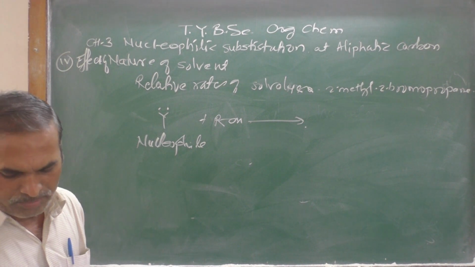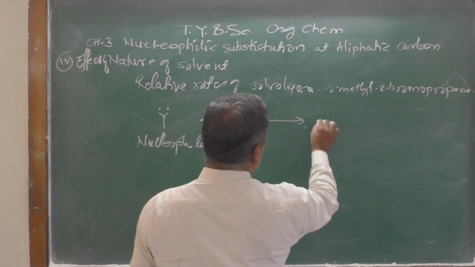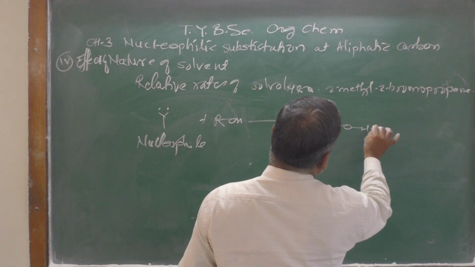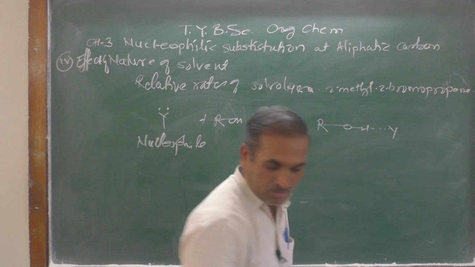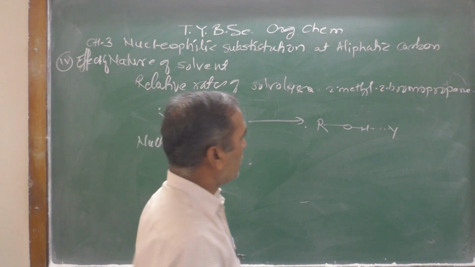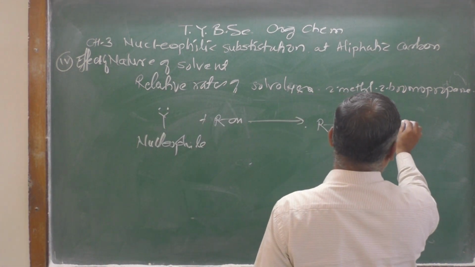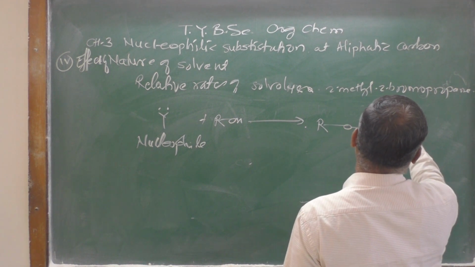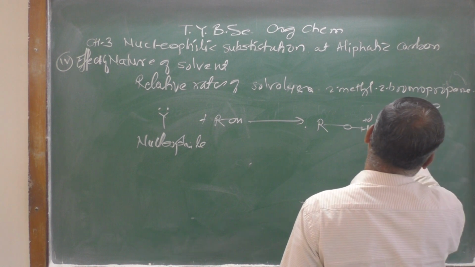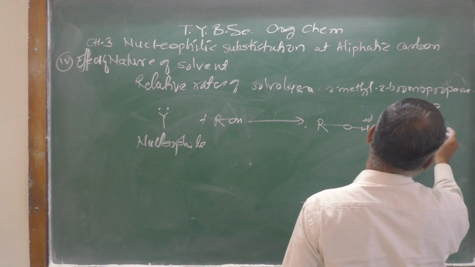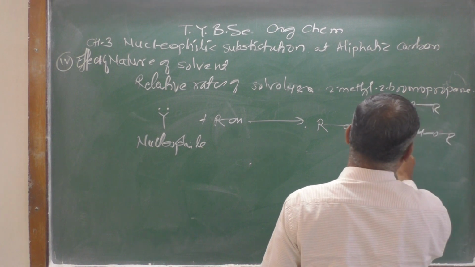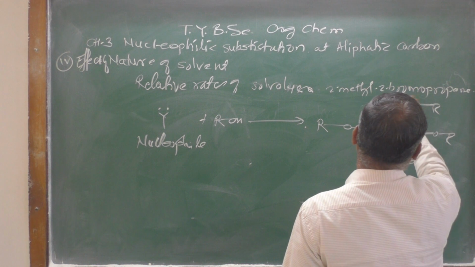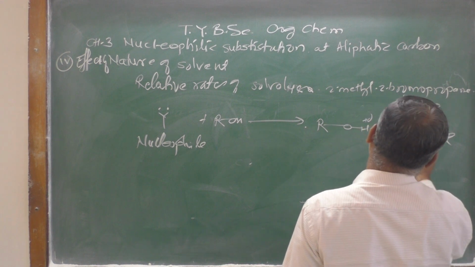What is going to happen over here? That alcohol ROH gets surrounded by Y over here, the water molecule. Here Y has a minus delta charge, here a plus delta charge, as we know. Then it gets the hydrogen atom, H-OR.